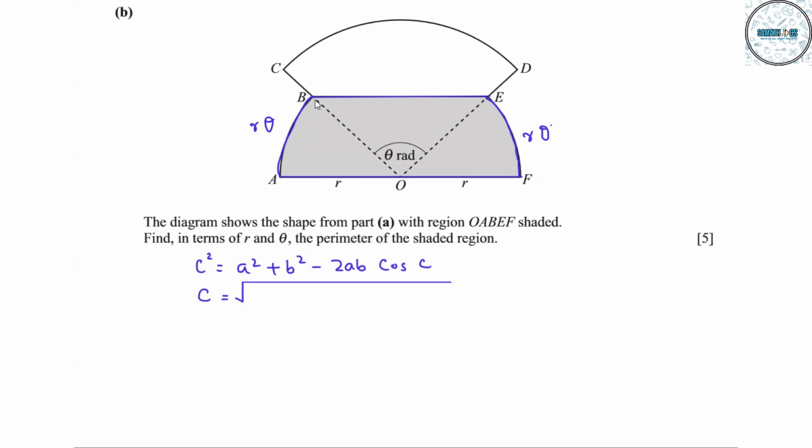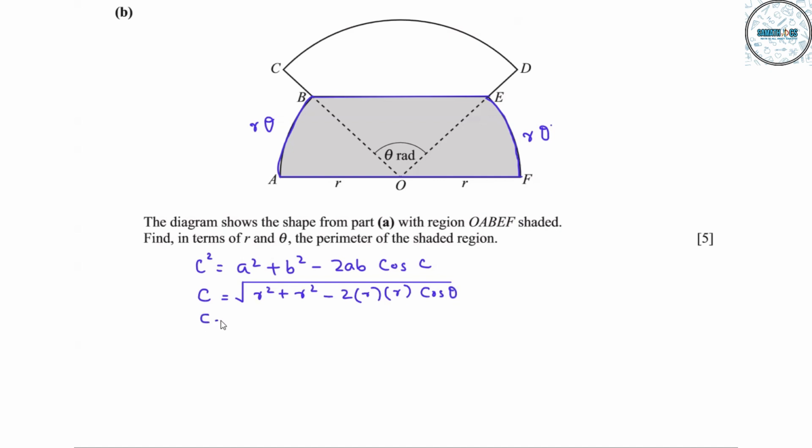These are the two sides which are radius. So r square plus r square minus 2 into r into r cos C, which means cos theta.